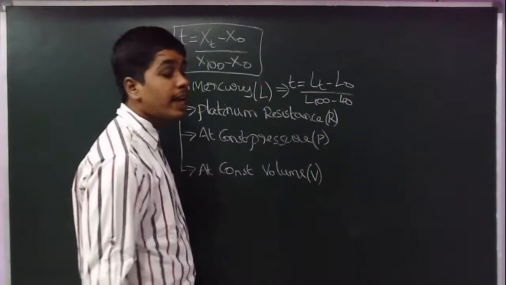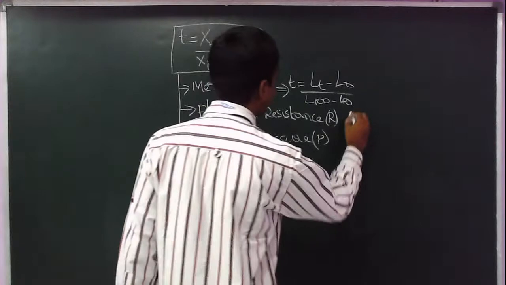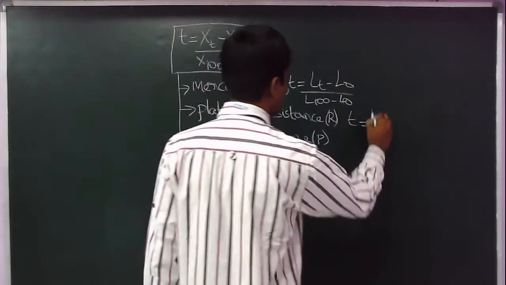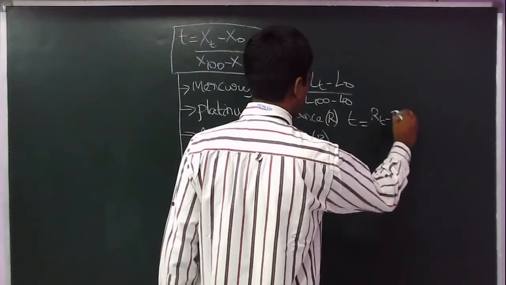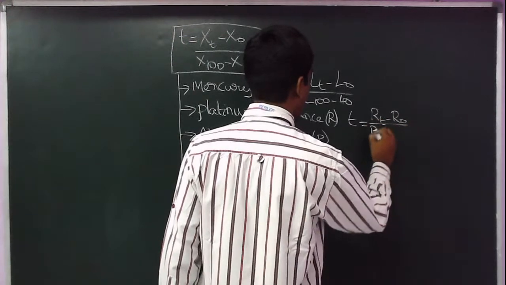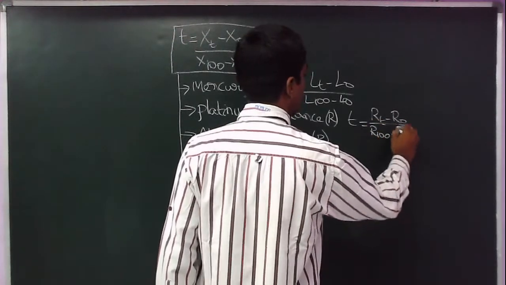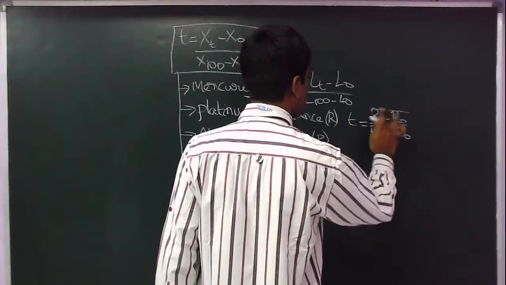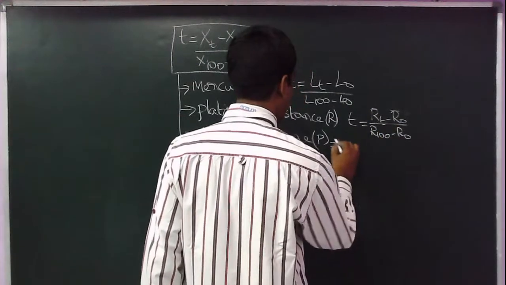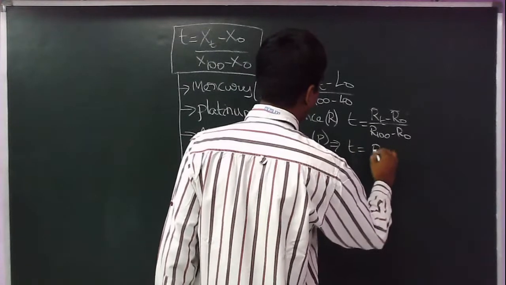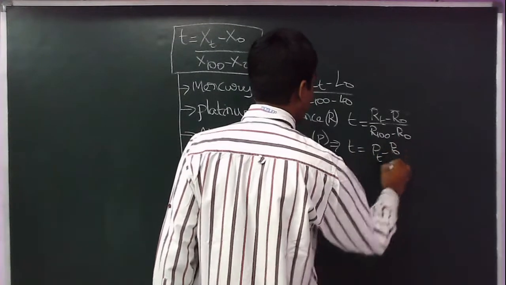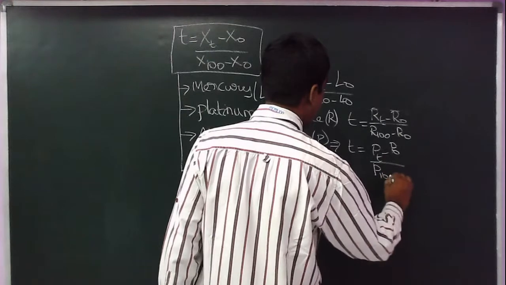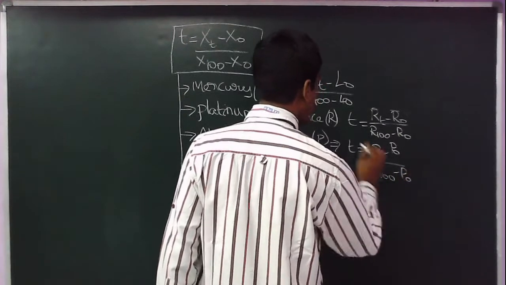In the same way you can write for these three. Okay, I will write T is equal to (RT minus R naught) upon (R100 minus R naught). For pressure, T is equal to (PT minus P naught) upon (P100 minus P naught).